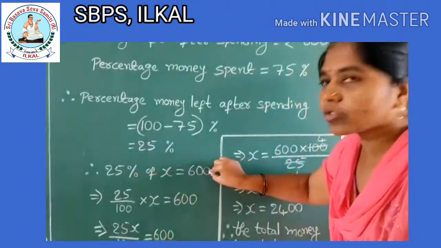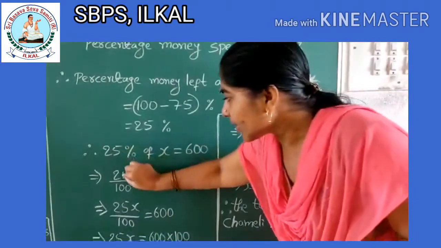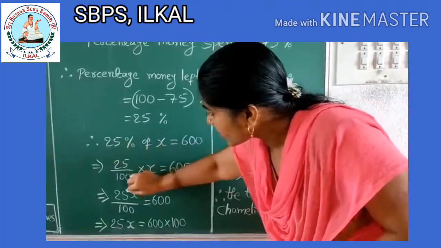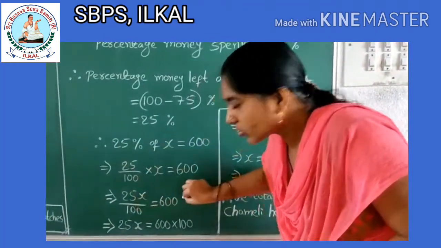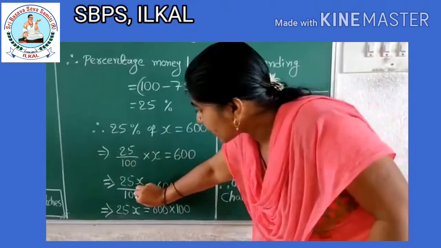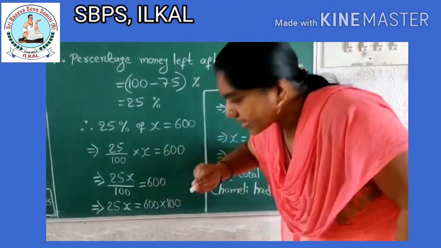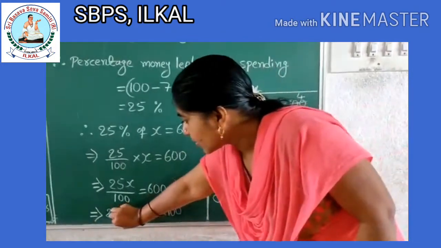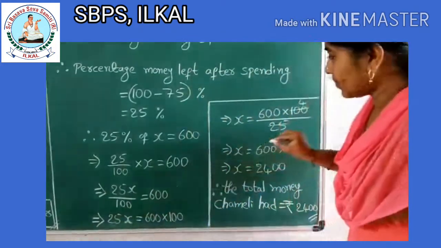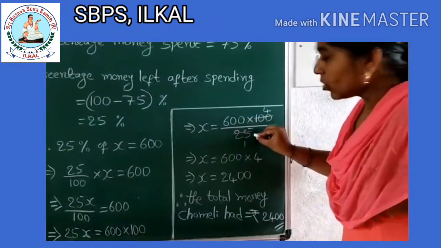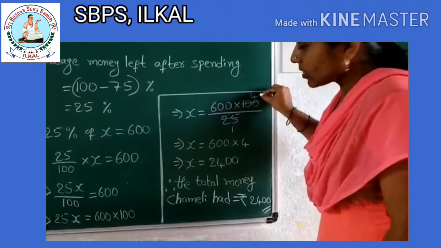25% of x is equal to 600. Then 25 by 100 into x is equal to 600, so 25x by 100 is equal to 600. You transpose this 100 to the right hand side. 25x is equal to 600 into 100. Now you transpose 25 to the right hand side. x is equal to 600 into 100 by 25. 25 ones are 25, 25 fours are 100.